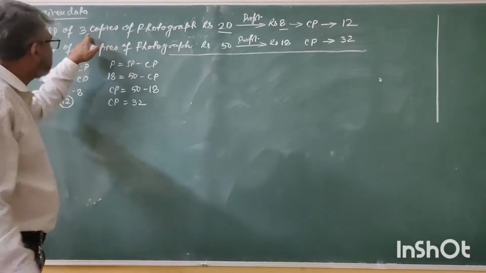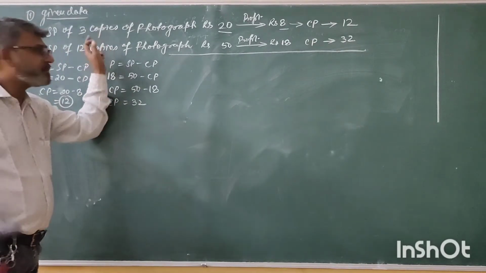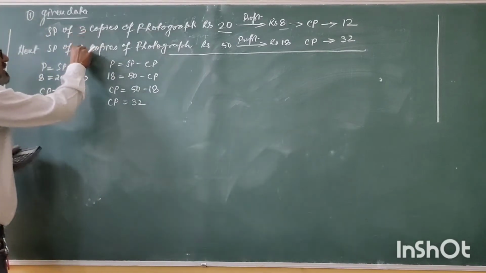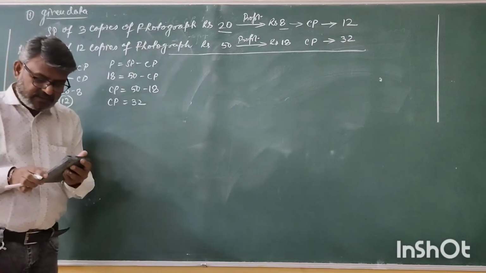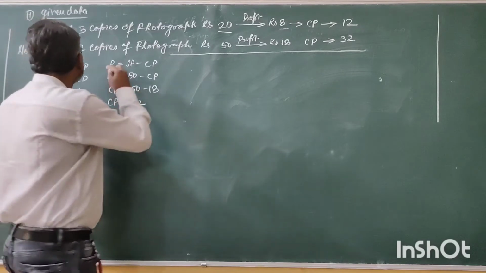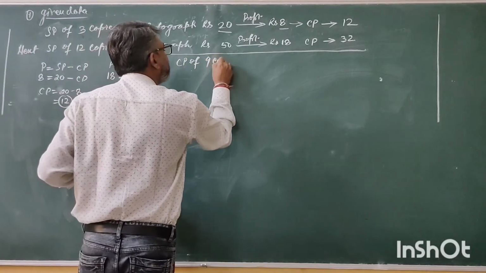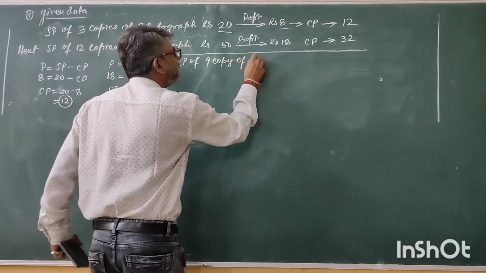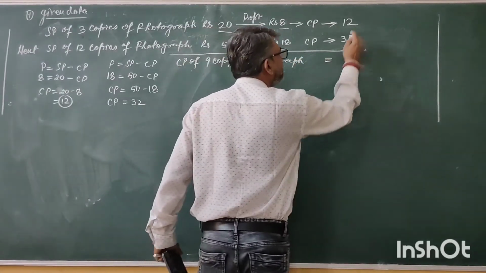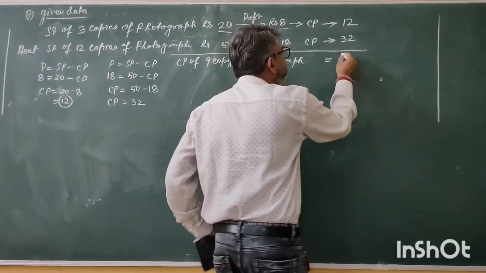Now the particular copies in this question are 3 copies, and the next 12 copies, that is the difference between 2 items, 12 minus 3 is 9. Therefore, the CP of 9 copies of photograph equals 32 minus 12, say 20.